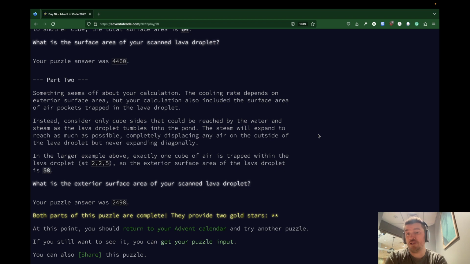The steam will expand to reach as much as possible, completely displacing any air on the outside of the lava droplet, but never expanding diagonally. In the larger example above, exactly 1 cube of air is trapped within the lava droplet at 2,2,5. So the exterior surface area of the lava droplet is 58.